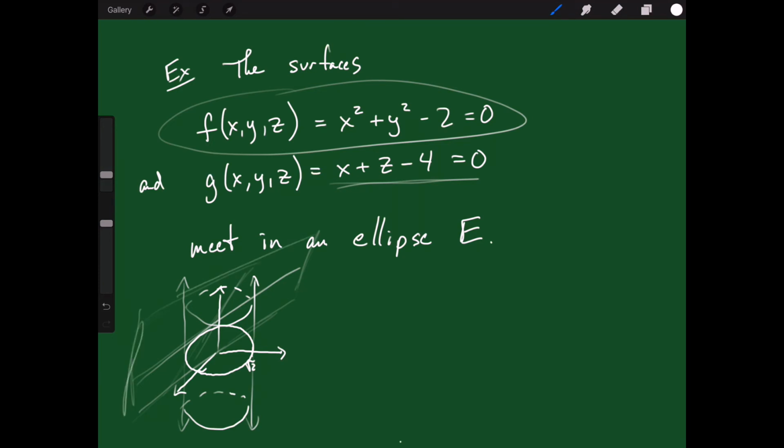Intersecting with this cylinder. So let me try to draw it over here a little bit better. So I have a cylinder. Of course, it goes up infinitely far, and then it's cut through by a plane. And so where it intersects would look something like this.